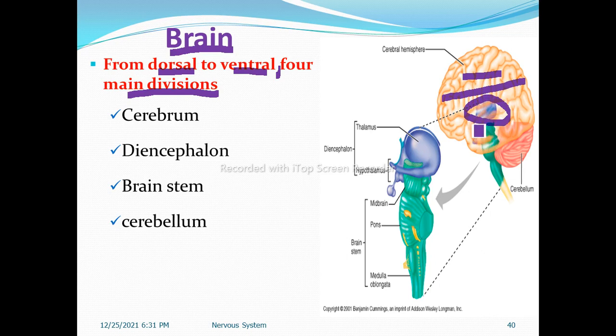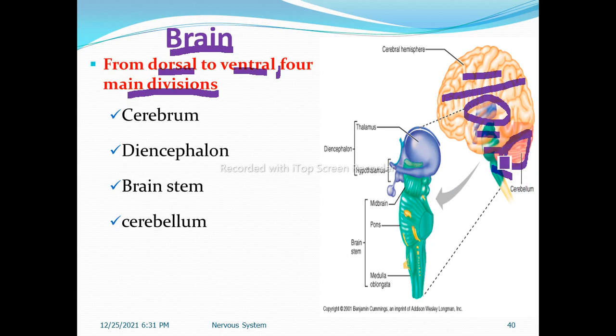This is known as the brainstem. That means the midbrain, pons, and medulla oblongata are considered the brainstem, whereas the posterior section is the cerebellum.